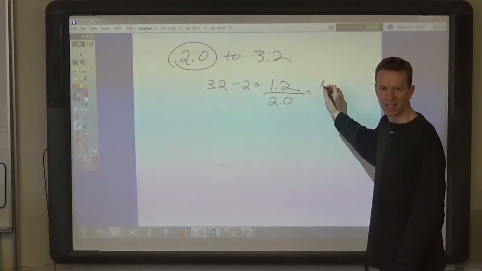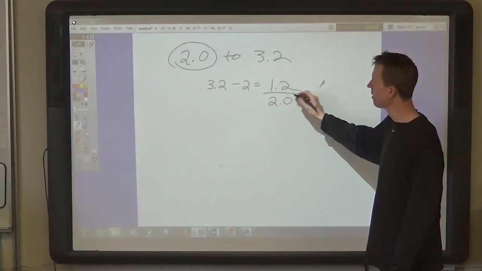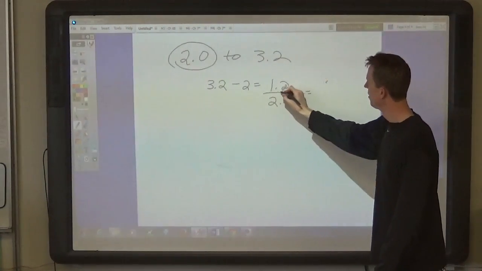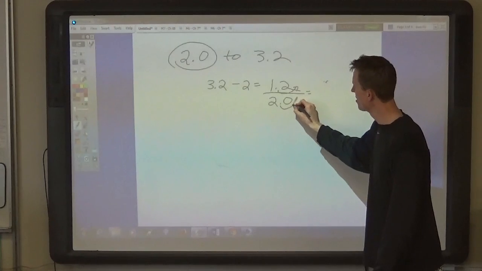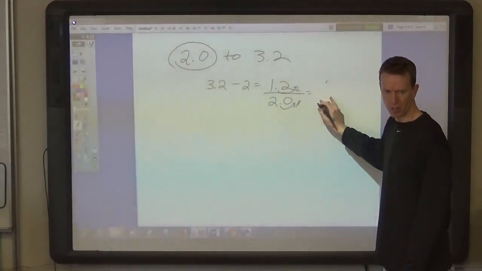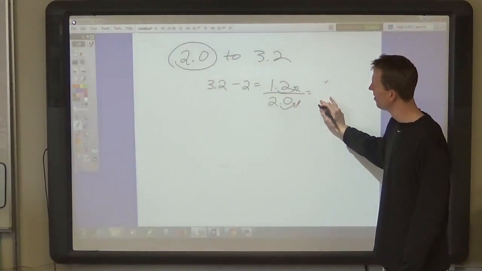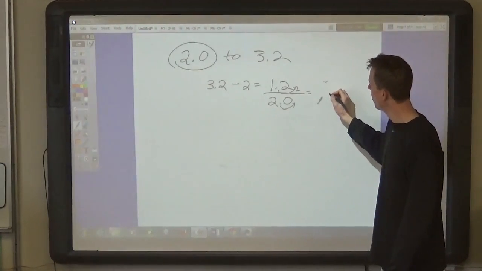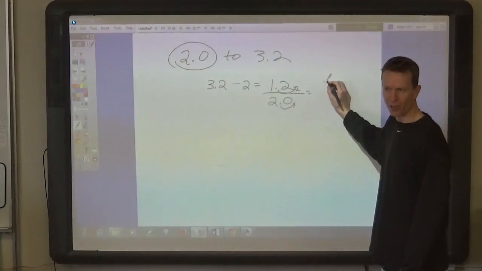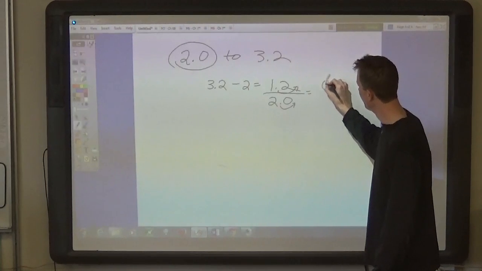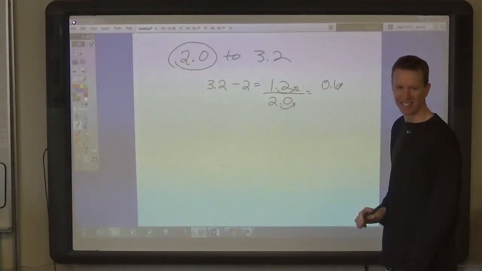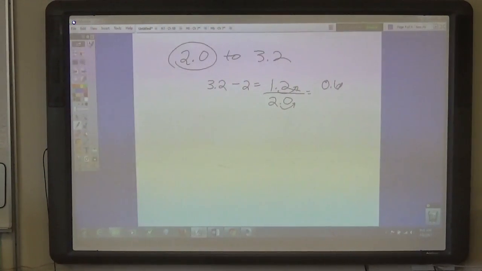You could simplify first. It's the same thing. So 12 over 20? I had 0.6 over 1. Or 0.6 over 1, which is just dividing to get 0.6. I didn't know if you had to do it. Okay. So I just did it.